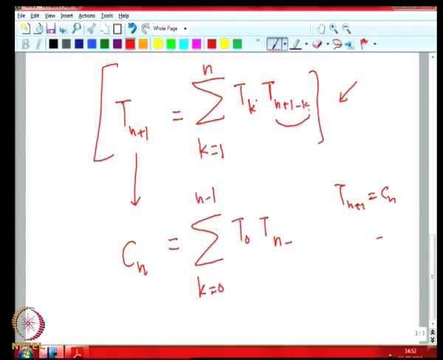With n plus 1 minus k of them, we have n minus k things here.